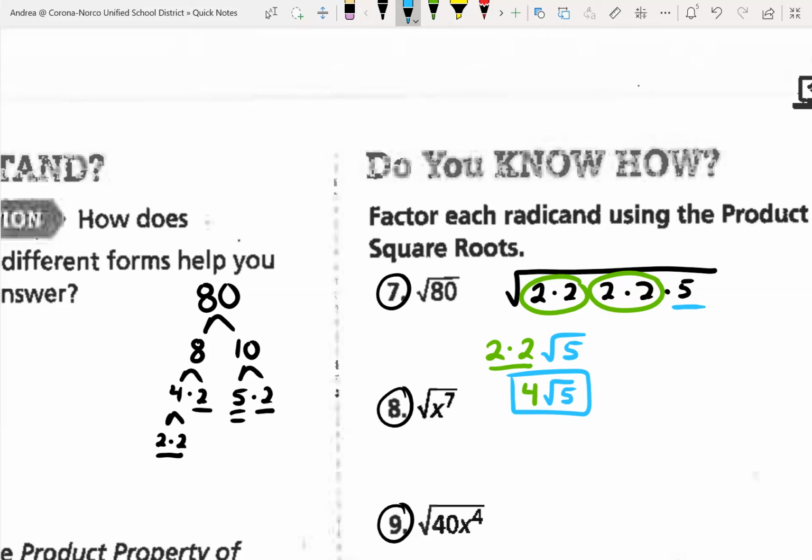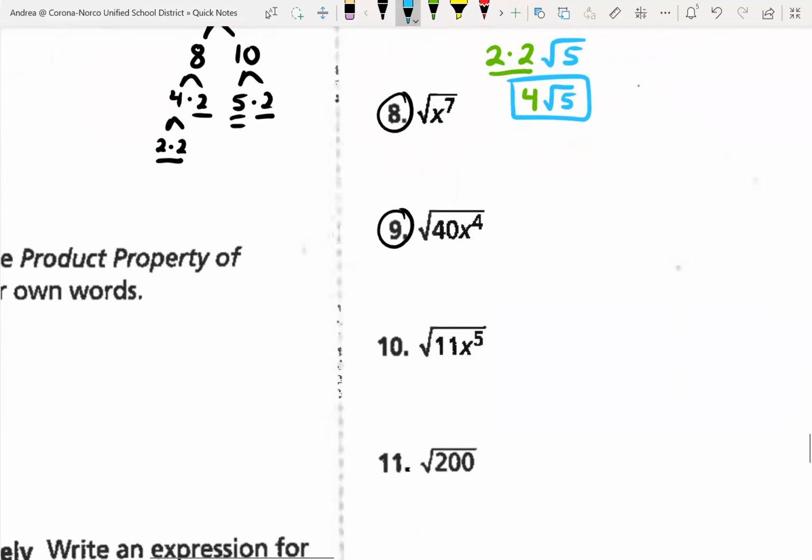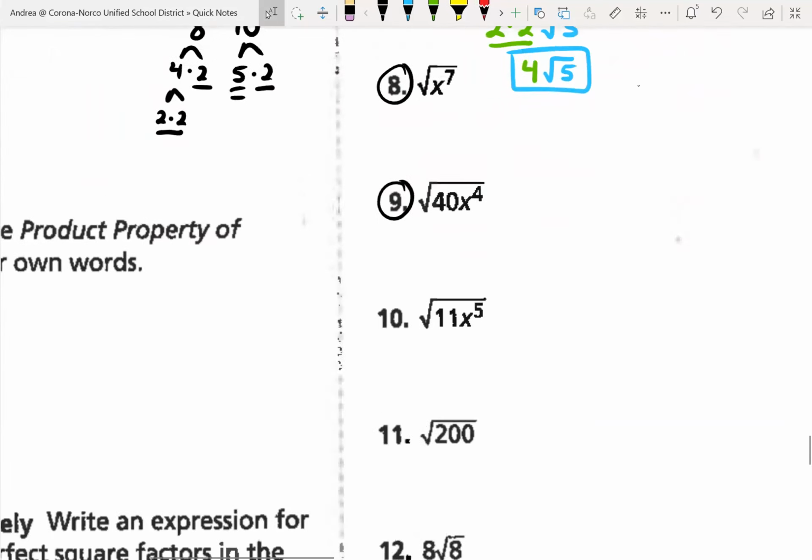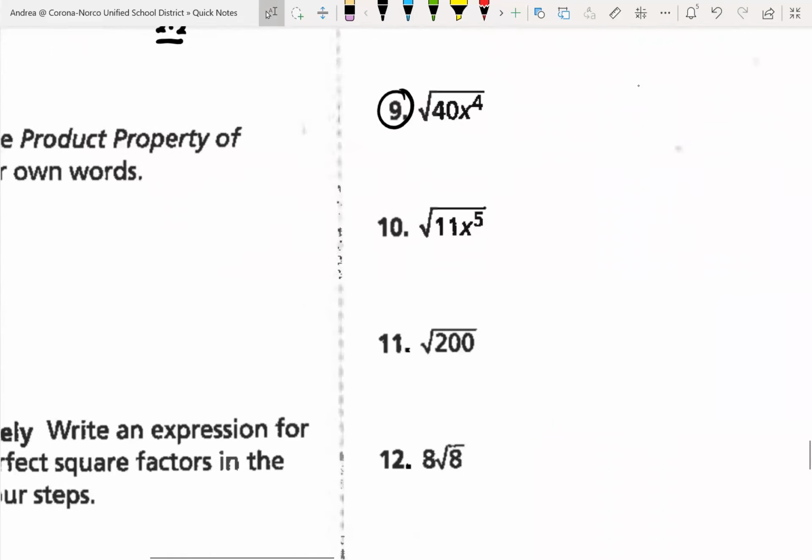Any questions? Okay. Try number 11 now. See if you can get 200.